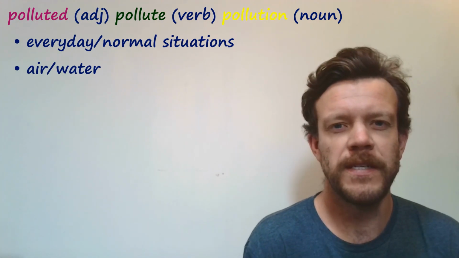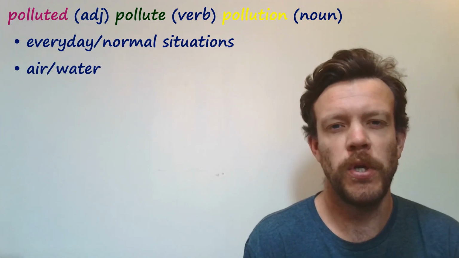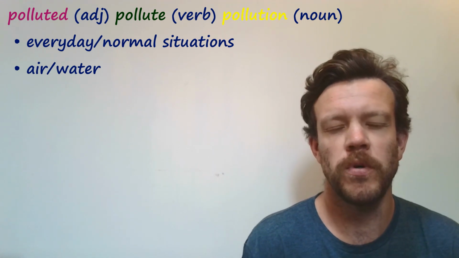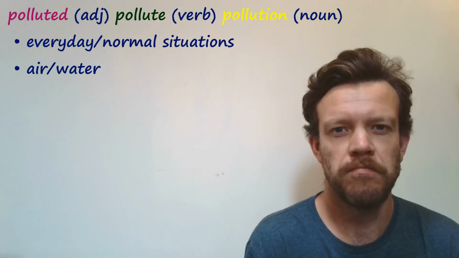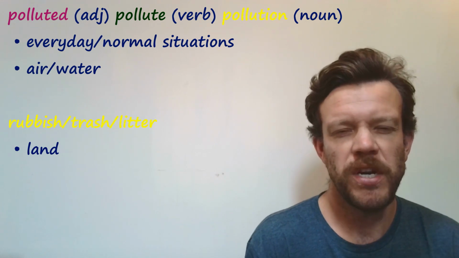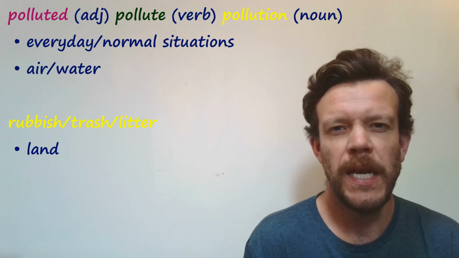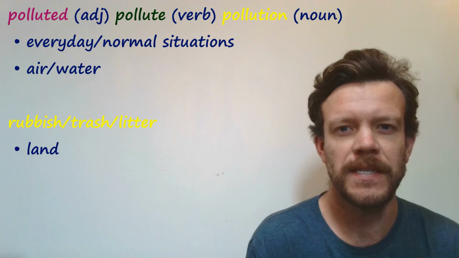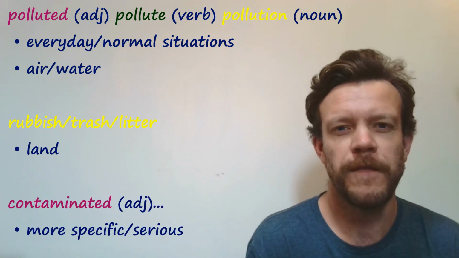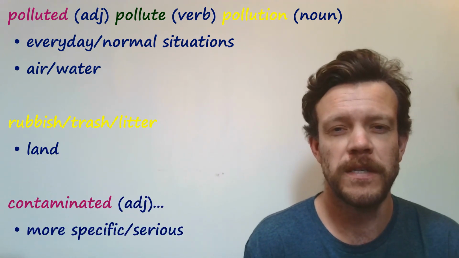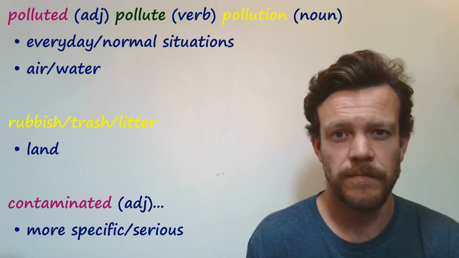The more everyday situations use the polluted word family to talk about air or water. If it's on land, generally you want to use rubbish, litter for smaller pieces, and the contaminated word family is going to be for more serious or technical contexts.